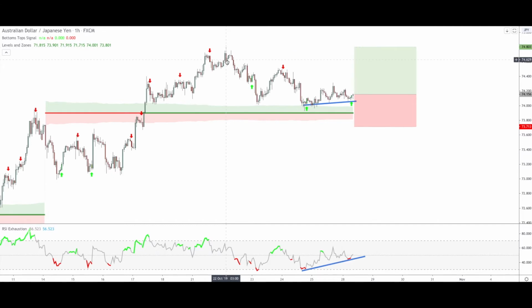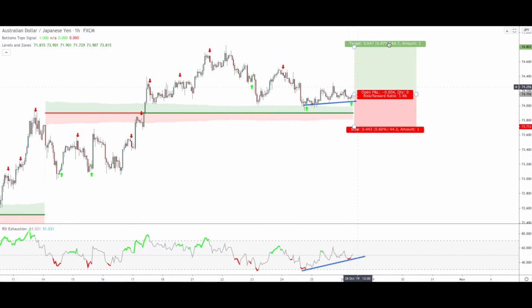The price in this candle went all the way up here and then retraced. So I'm expecting that if we get a move higher, we should probably get at least to this level here.